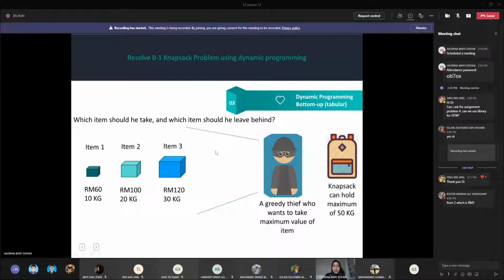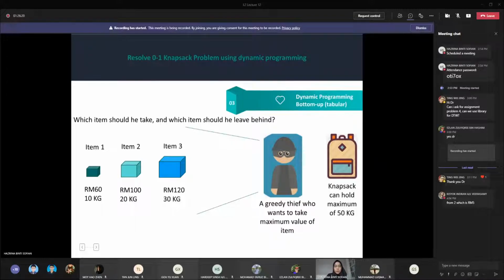When we learned about the greedy algorithm, we did talk about this greedy thief who wants to take the maximum value of items. So it's still a maximization problem. Let's say we have the same exact items 1, 2, 3, and the values and the weights are also the same, and he's also using the same knapsack, where W equals 50, exactly the same one as in our greedy lecture.